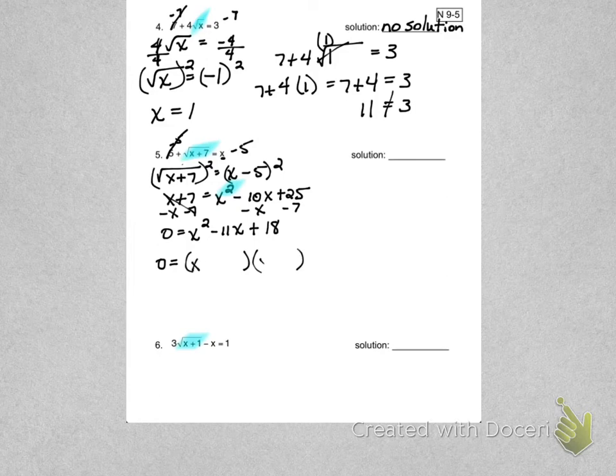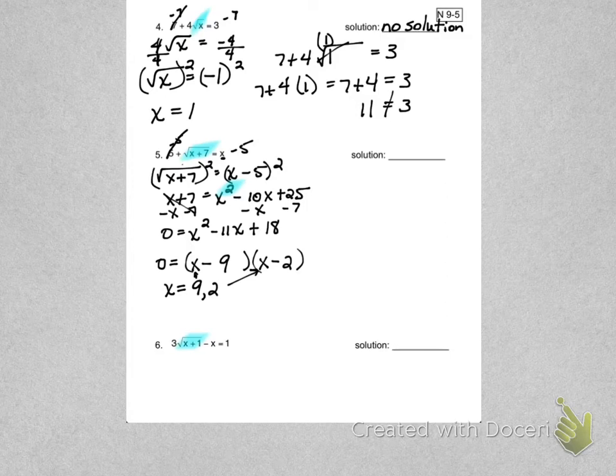And we have x minus, we need something that will multiply to be 18 and add to be 11, so that's 9 and 2. Now my solutions, though, are the values for x that make that. So x is equal to 9 or positive 2. Remember, it's the value of x that we're looking for that would make those parentheses equal 0.